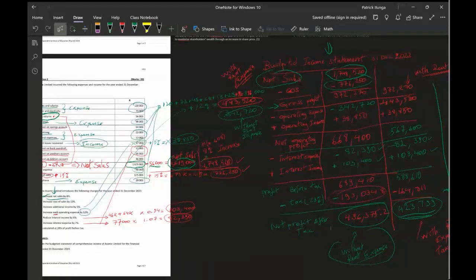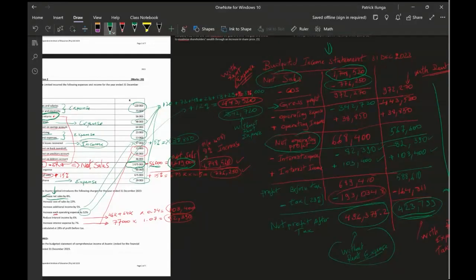But again, look, as soon as you take the operating expenses, you minus the operating expenses, you add the operating income. An income is a plus, an expense is a minus. Then you get the net operating profit. And now you need to look at your interest expense and your interest income.